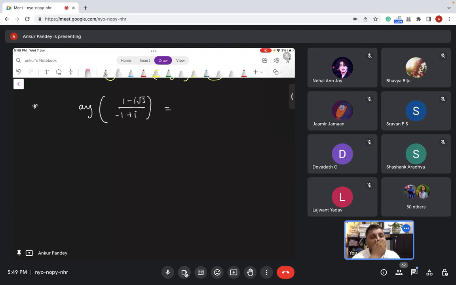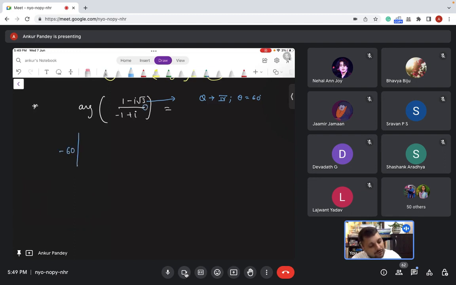So, what I was saying, one dear friend of ours asked me how to find the argument. Look at the numerator: the quadrant is 4th and the angle is 60 degree. In the 4th quadrant, 60 degree will be called negative 60.